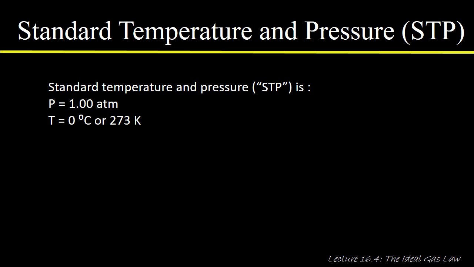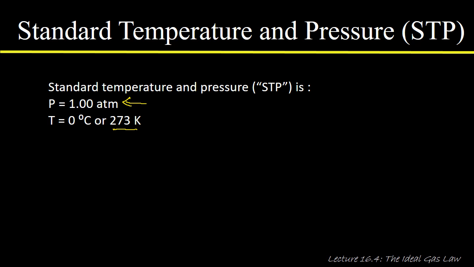All right, another point related to units is this concept of standard temperature and pressure, which is usually abbreviated STP. Standard temperature and pressure means temperature is 0 degrees Celsius or 273 kelvins, and the pressure is 1 atmosphere.